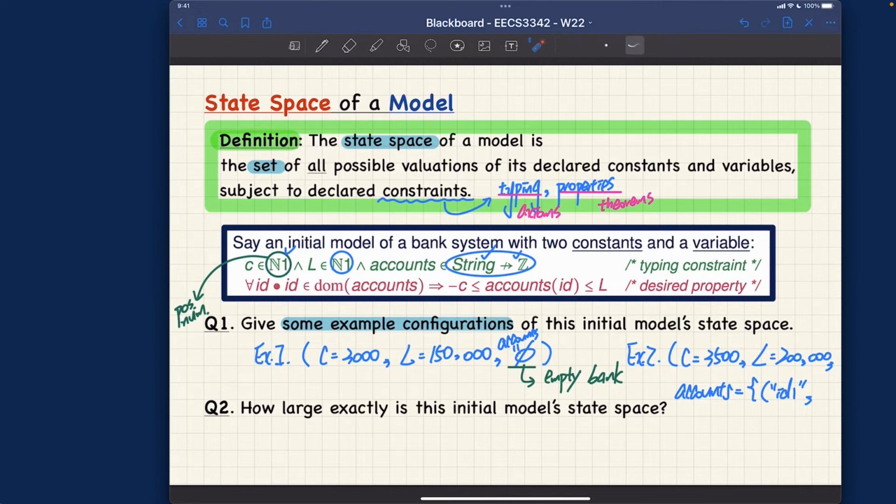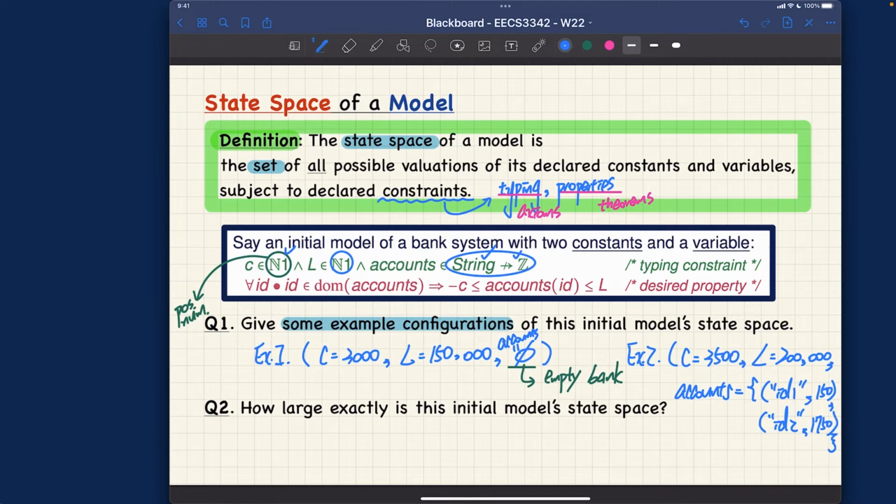The integer value should be larger than or equal to minus 3,500, and it should be less than or equal to 200,000. Otherwise you wouldn't satisfy this constraint. So I can simply put, how about just 150? That's definitely valid. And also let's say we got another account with ID 2, and maybe that one, maybe 1750.